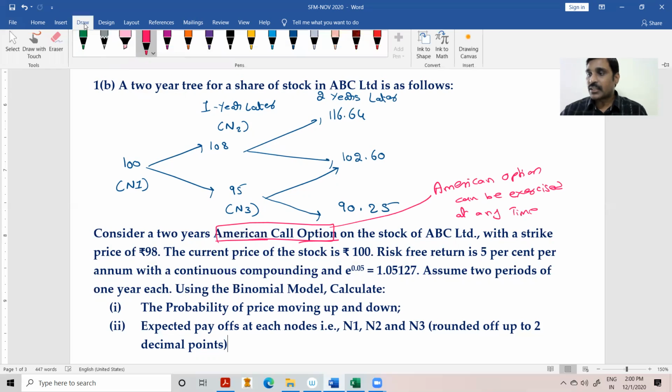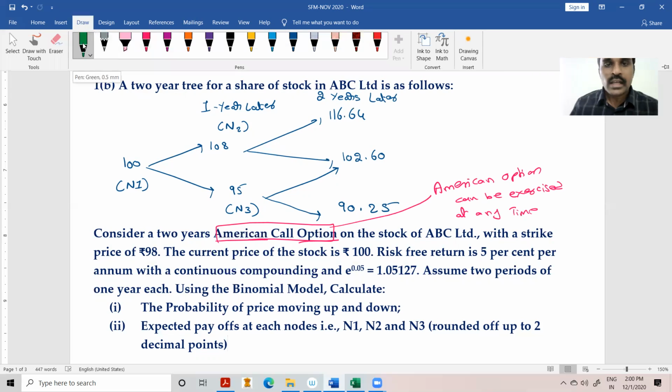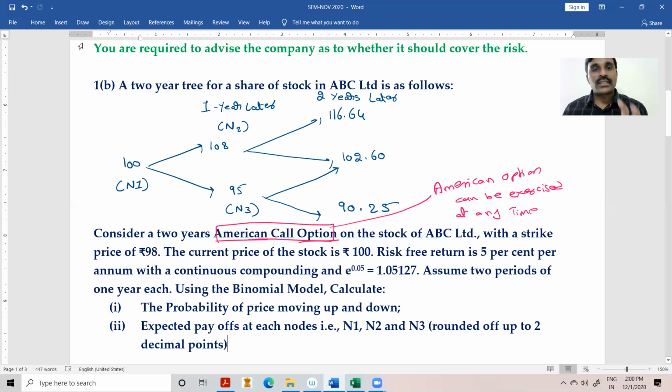If you purchase an option, since we have the facility of exercising at any point of time, we are evaluating the payoffs to us. We are evaluating the profits to us at a particular point of time. If I exercise here, what is my profit? This we are calculating because it is an American option. If it is a European option, there is no question of choice of when to exercise. You can exercise only on the termination date.